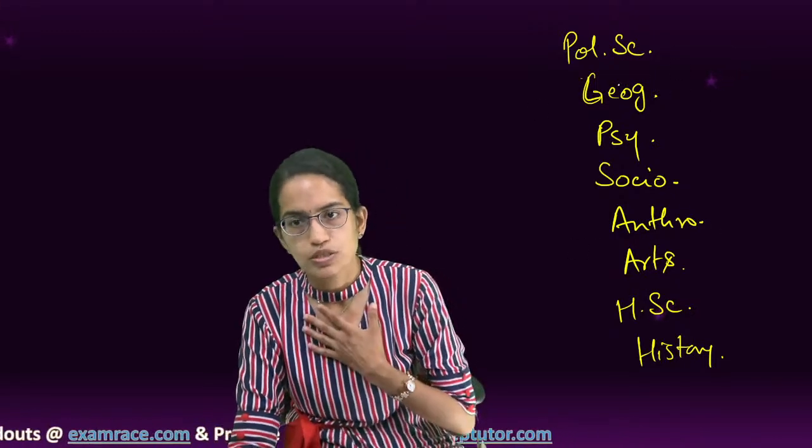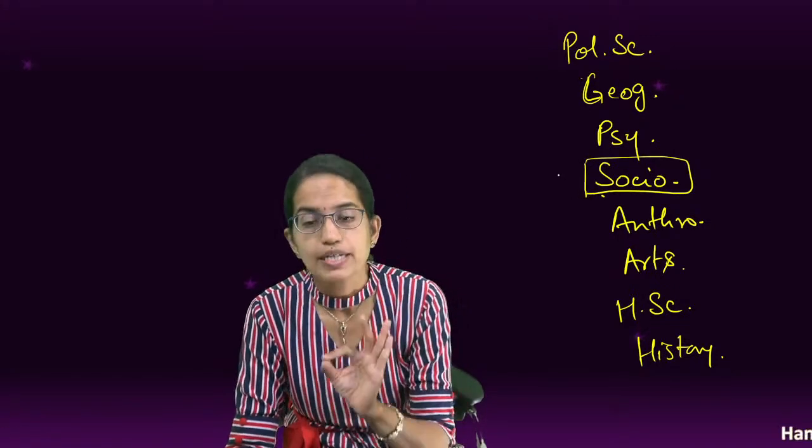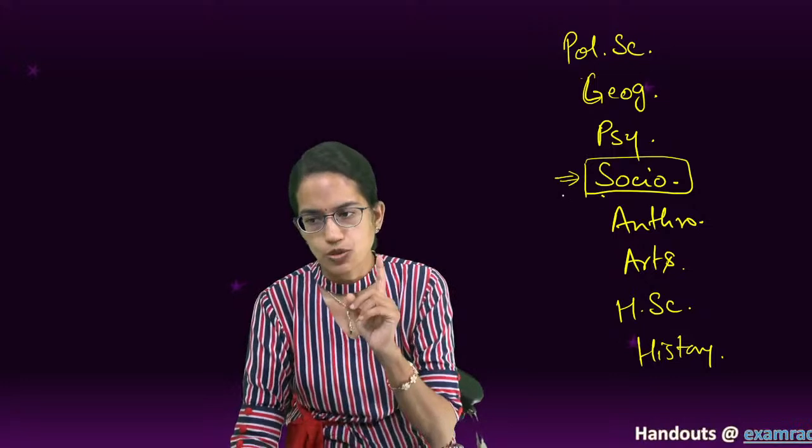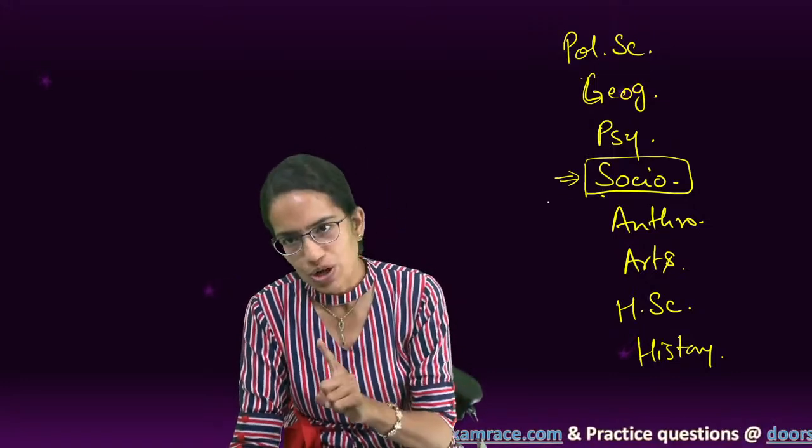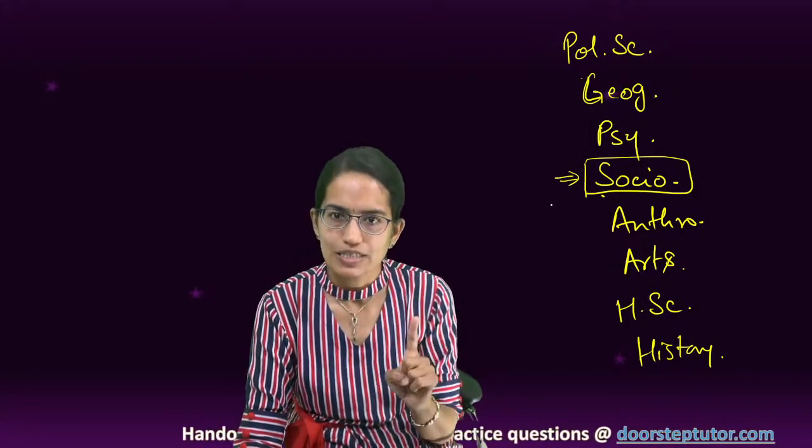Let's say I am a student of arts in 12th and I have these papers. I want to pursue my master's in sociology. Then we would recommend that you take sociology as one of your domain papers. What is the benefit?